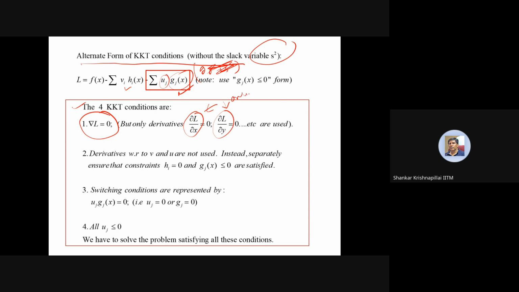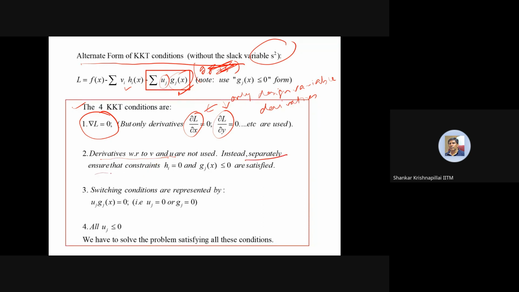Only design variable derivatives are used. Okay, so there is no need to find derivatives with respect to u and v. That's not required.